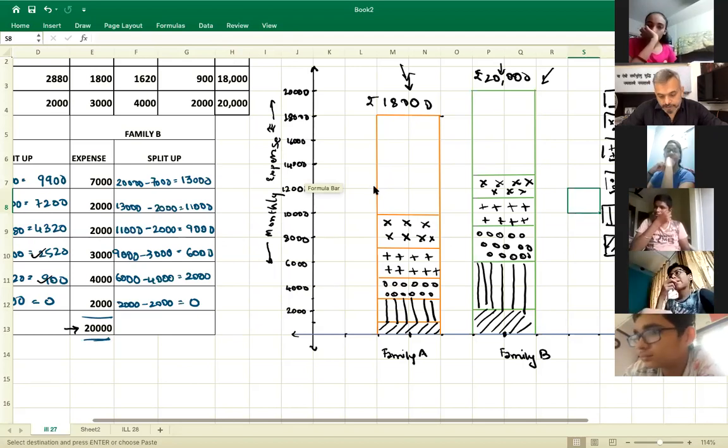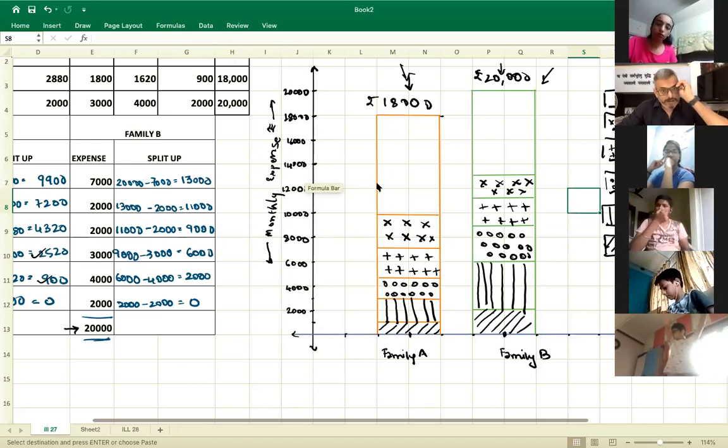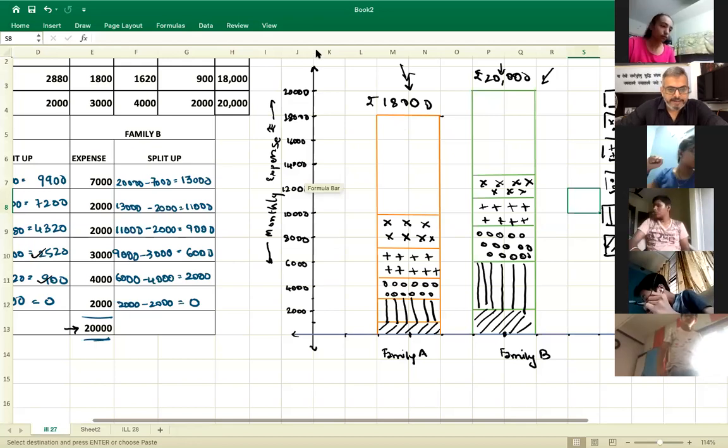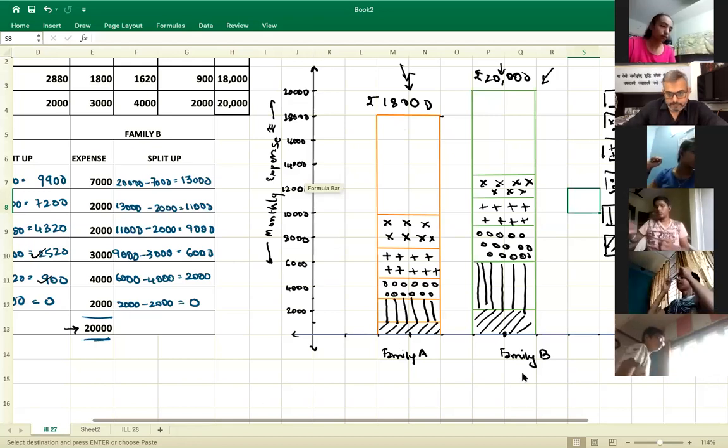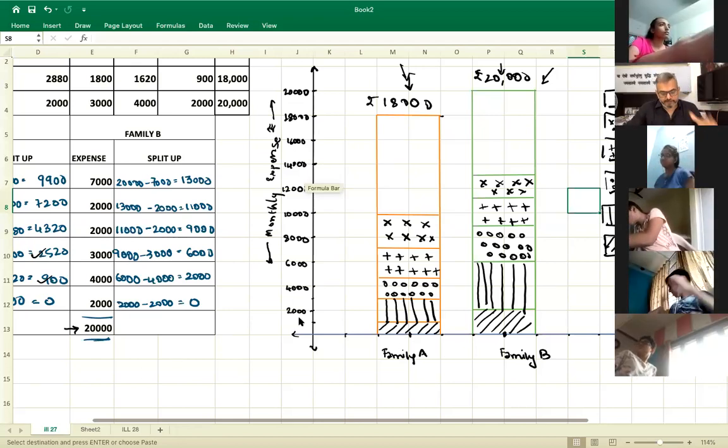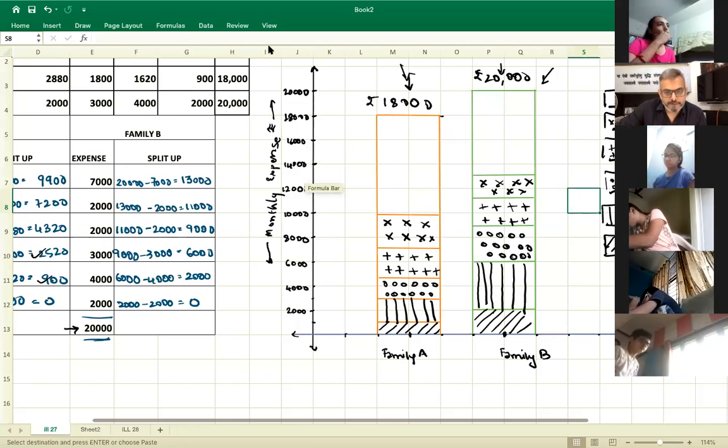Now for this we will go to illustration number 28. Now the question is the same question. Only thing is here we have to make a percentage divided bar diagram.